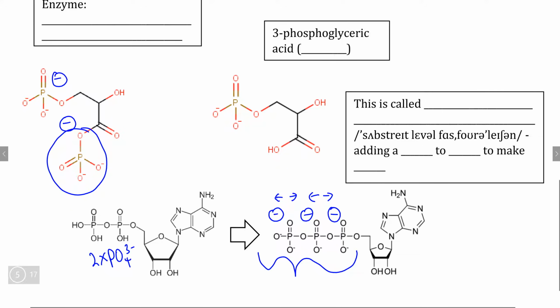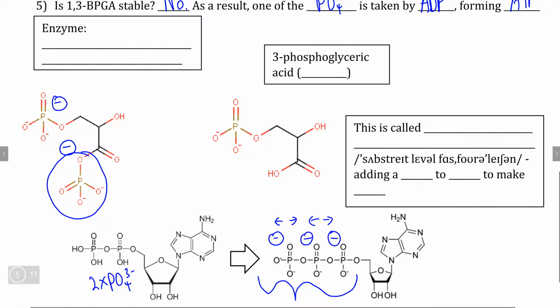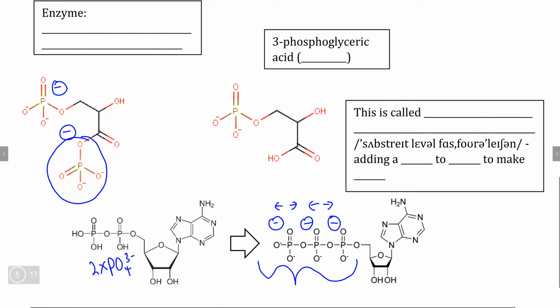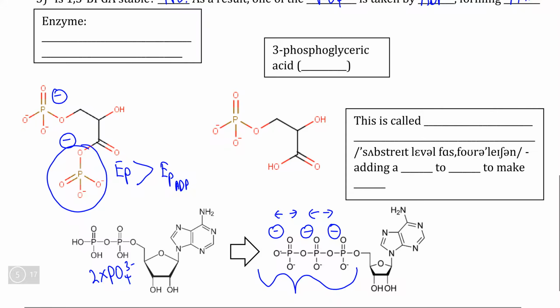So the key to doing this is creating a molecule that is even more unstable than ATP is, with a higher potential energy. So this means that the potential energy of 1,3-BPGA must be greater than the potential energy of ADP, allowing this phosphate here to transfer as a result.